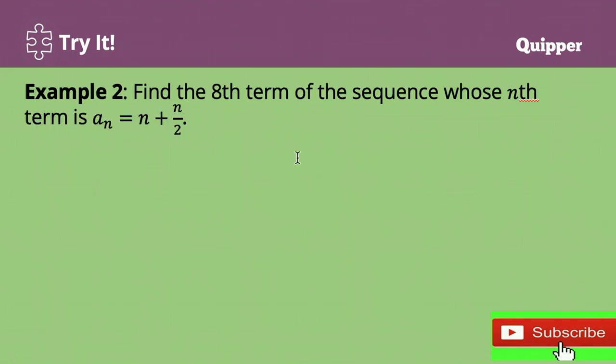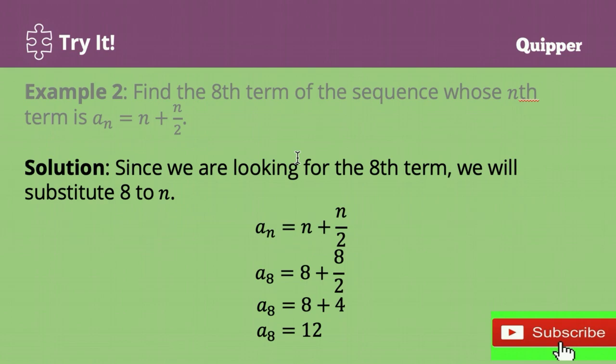Another example, find the 8th term of the sequence whose nth term is a sub n equal to n plus n over 2. Since we are looking for the 8th term only, we will be substituting 8 to our n, or automatically use 8 as the value of n since we are to find only the 8th term.